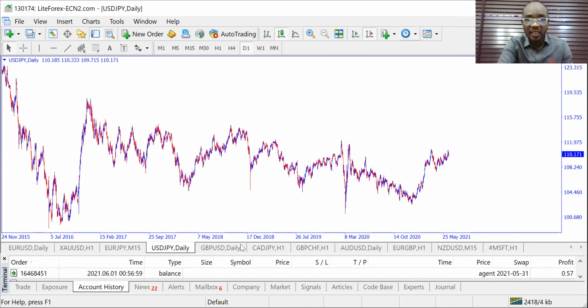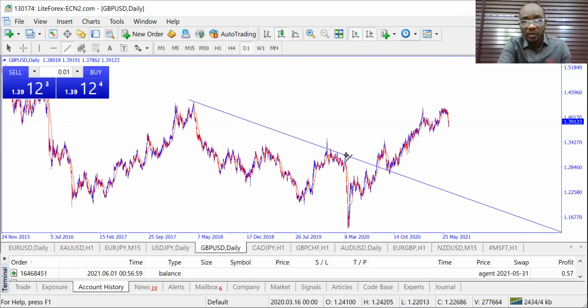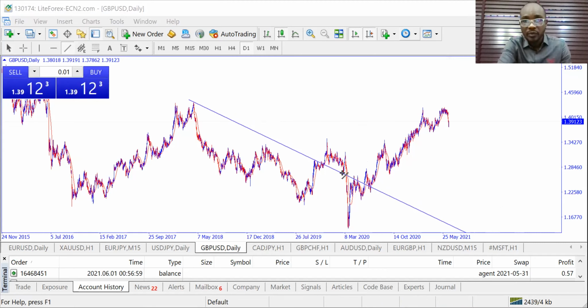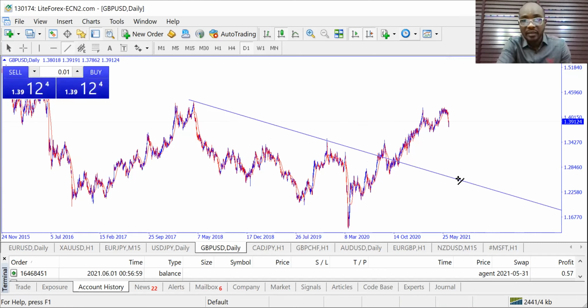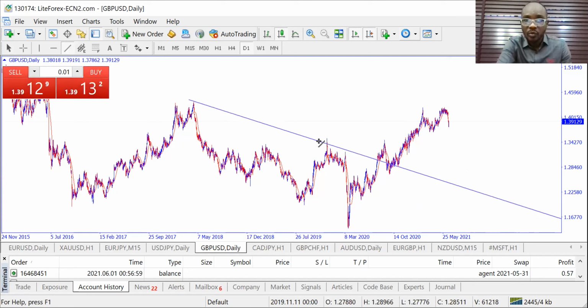Now let's quickly check another market. Now this is going up for a buy, but before it started going up for a buy, look at this, it was coming down. So that means if you had placed your trend line from this one down, let me do that again.